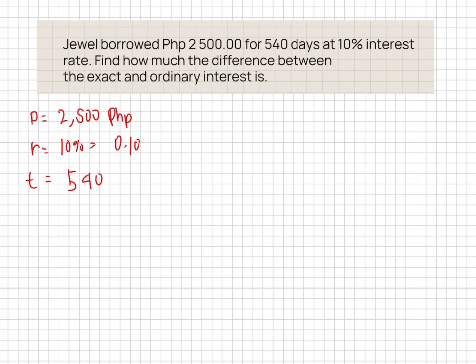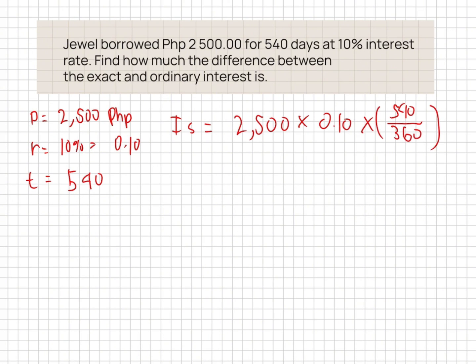So let's try to solve it. Simple interest is equal to the principal amount, which is 2,500, multiplied by 0.10, which is the rate, multiplied by the time, which is 540, divided by 360, ordinary interest.